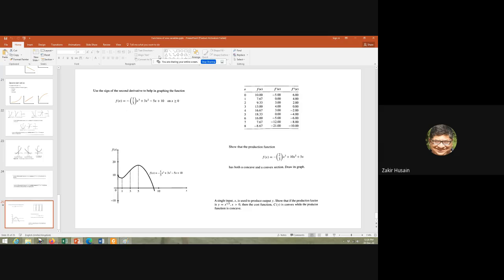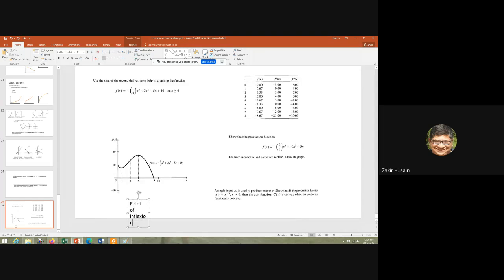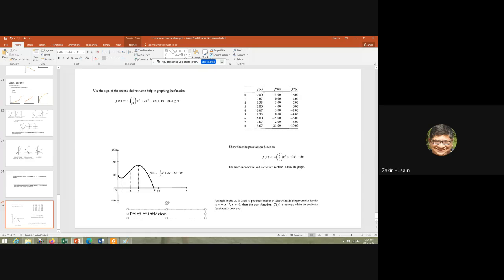It is the point where f double prime is equal to 0.